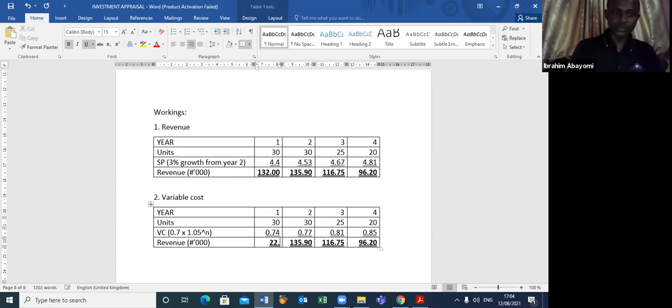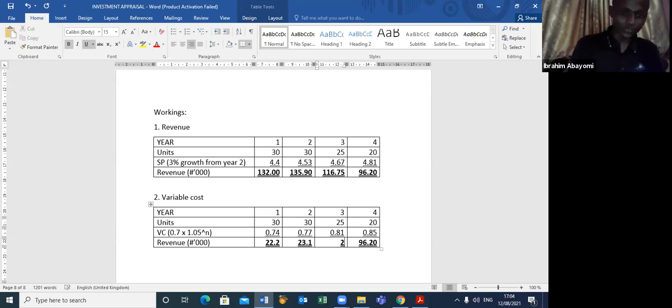22.2, year 1. Year 2 will be what? In year 2, we should have 30 times 0.77. So that is 23.1. So we have 25 times 0.81.